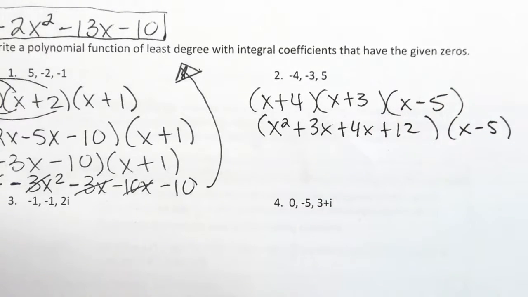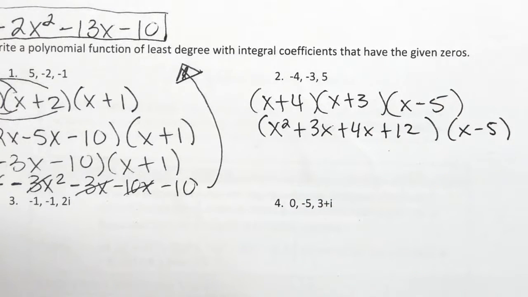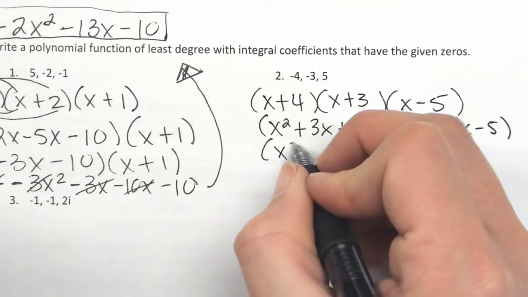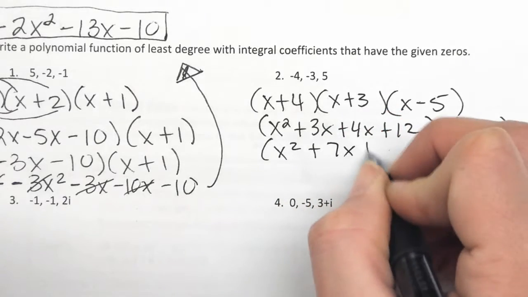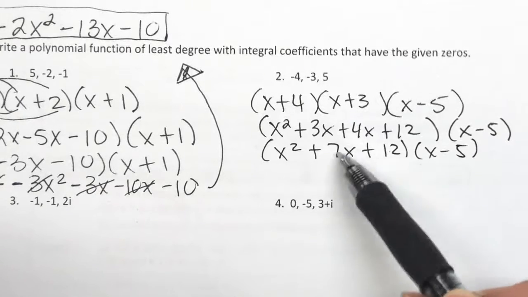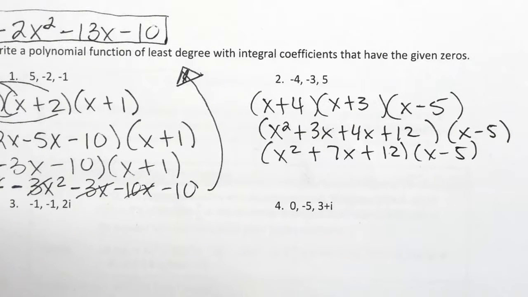Good. Questions so far? Everybody's got this part? Okay, we can simplify this by making it x squared plus what? Good. Plus 12. X minus 5. Did y'all distribute these three terms to the second one? Okay, that's what we'll do.